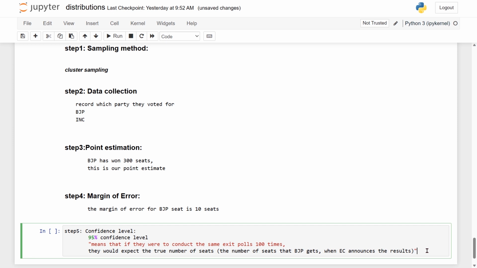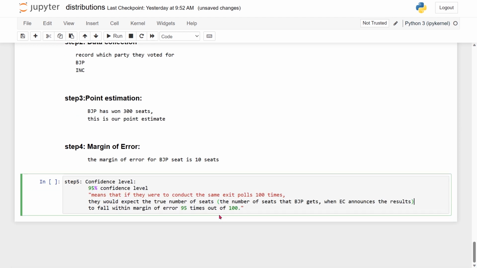This true number of seats should fall within the margin of error 95 times out of 100. That's it. There ends the matter. It's that simple. See how simple it is?